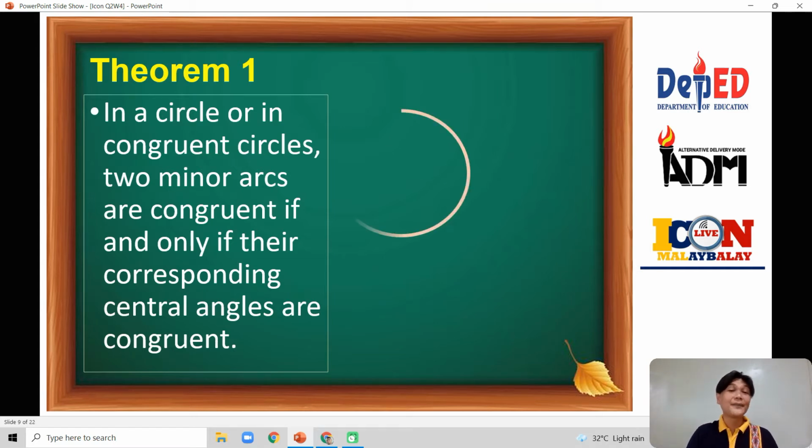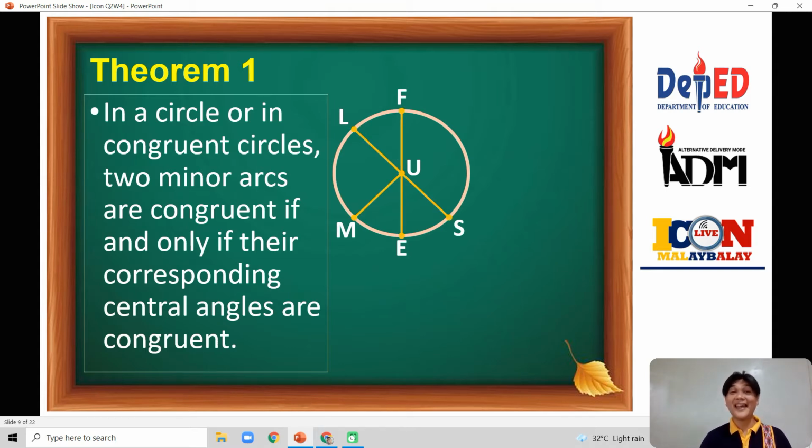Example, we have a circle U having points F, L, M, E, S, and they form arcs and central angles. Now we have arc LF intercepted by our angle LUF, or angle FUL. Also another arc intercepted by angle SUE.